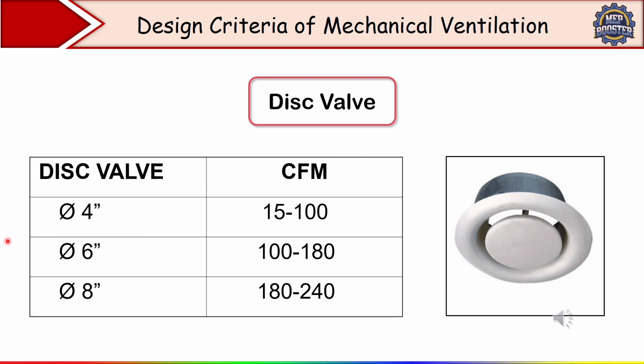Or suppose you select a 4-inch disc valve, for 1000 CFM of air, with a maximum of 100 each, how many disc valves do we need? 10 numbers of disc valves we have to install, if you are taking 4-inch disc valves. So in this way we have to select the disc valve.